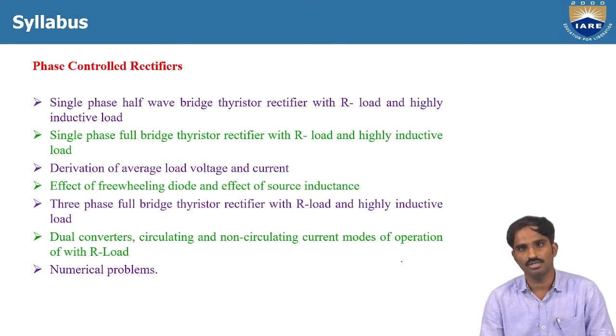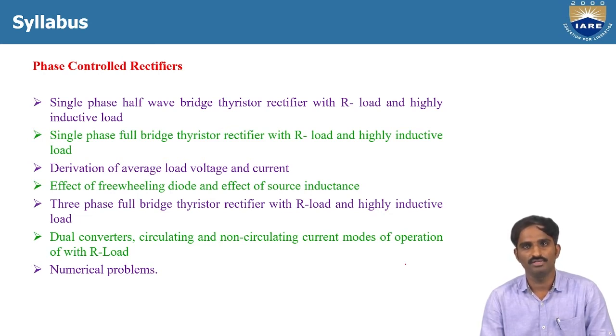The last topic in module 2 is the dual converter. In this dual converter, we will discuss two modes of operation: one is the circulating current mode of operation and the second is the non-circulating current mode of operation.